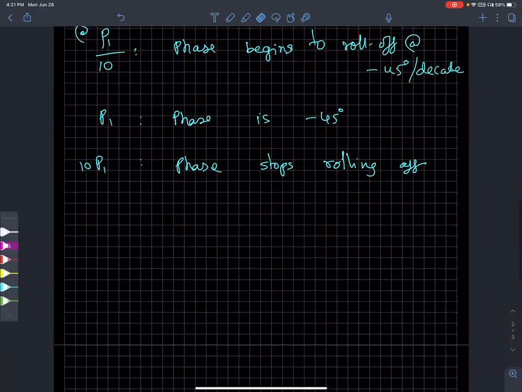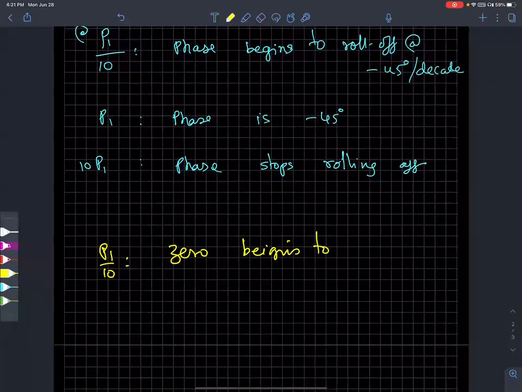Okay, the zero does the exact opposite. What a zero does is at Z1 over 10, the phase begins to raise at 45 degrees per decade. And when you hit the zero frequency, I should have written this as Z1, when you hit the Z frequency, Z1, the phase value is a positive 45 degrees.